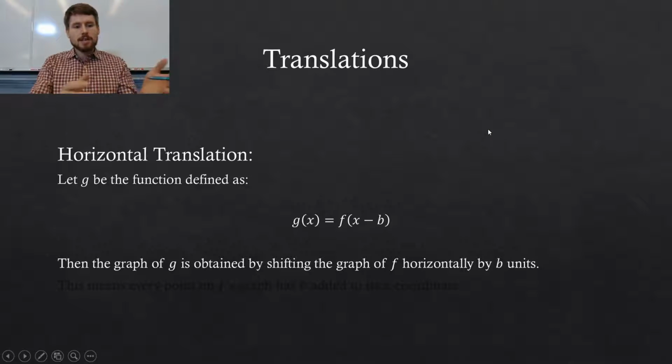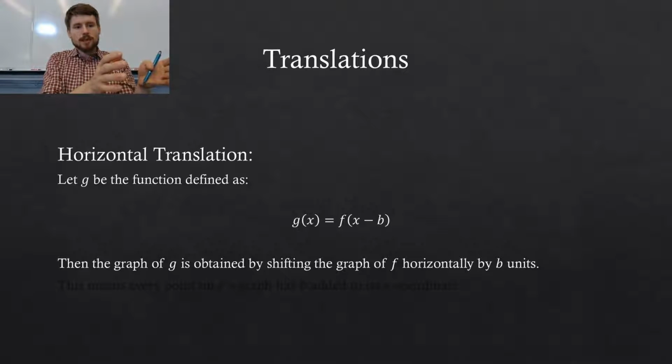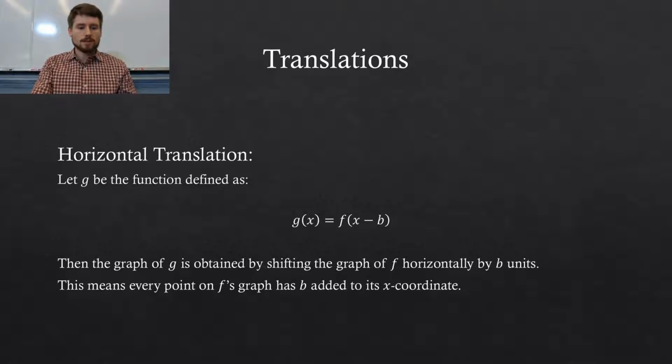So we're going to get g by taking whatever f is and shift it horizontally by b units. So b units to the right if b is positive, and b units to the left if b is negative. Okay, so that's how it moves around.